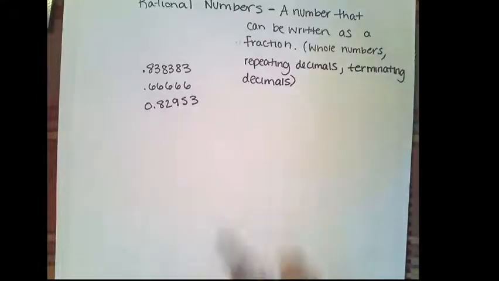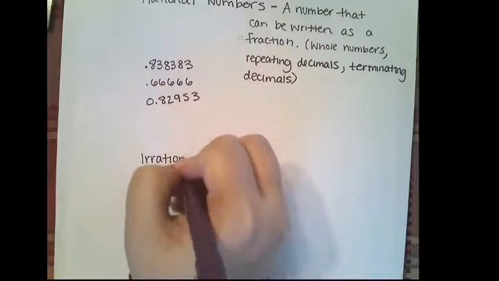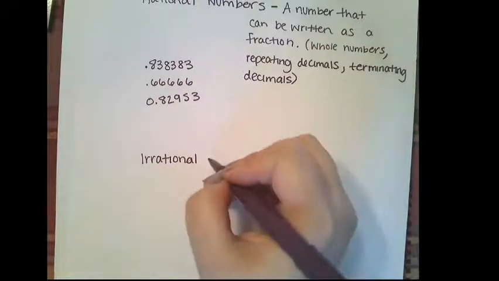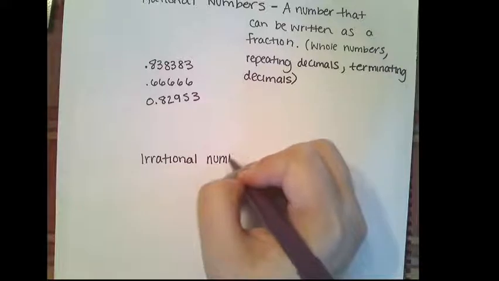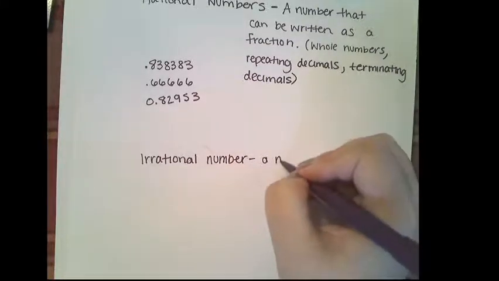An irrational number is a number that can't be written as a fraction.